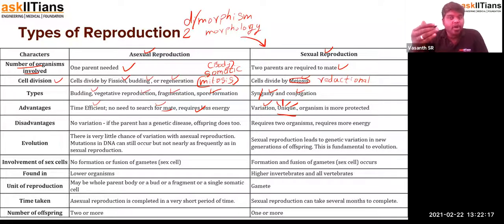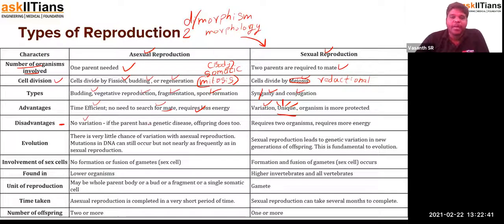Now when you talk about disadvantages, the disadvantages are just the opposite of the advantages of the other one. The advantages of asexual reproduction are the disadvantages of sexual reproduction, and the advantages of sexual reproduction are the disadvantages of asexual reproduction. In asexual reproduction there is no variation, but that is the opposite in sexual reproduction.